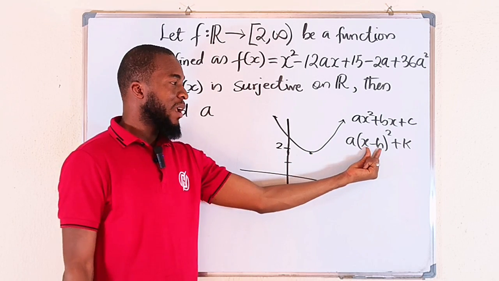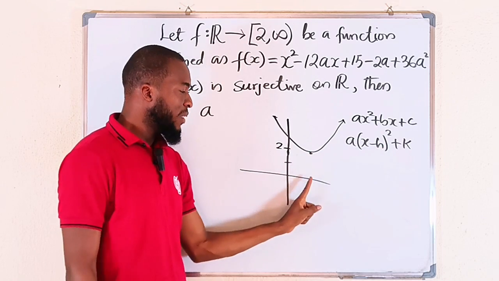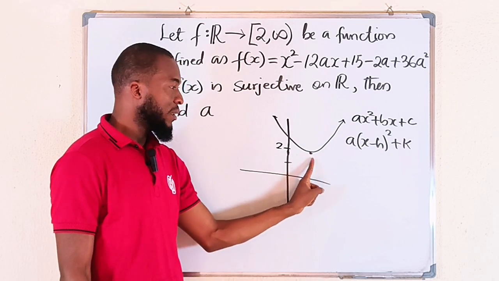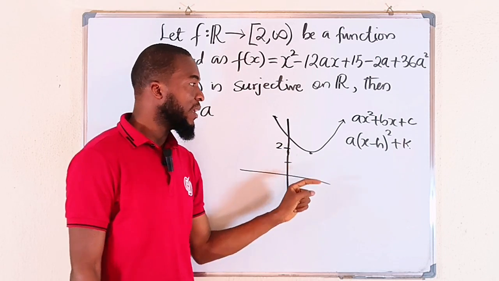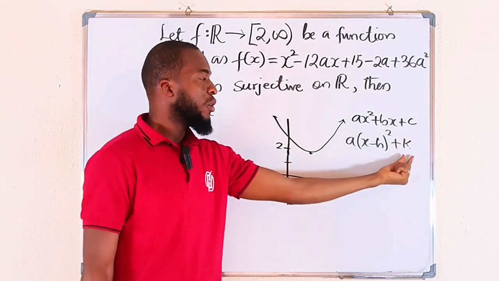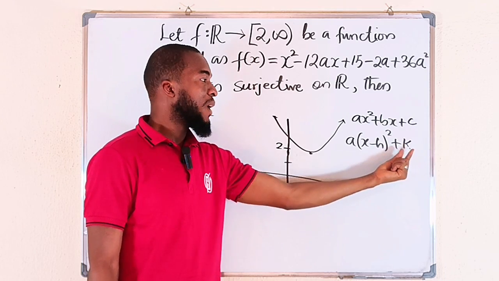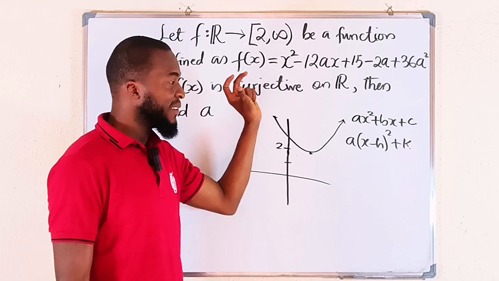So if you take the whole of x minus h and set it to be equal to 0, the value of h will be the value of x at that point. Then k is the value of y at the turning point. So if we can transform this into the vertex form, then we're going to relate it with k. But we know that k must be the minimum, which is 2, according to the interval given to us.